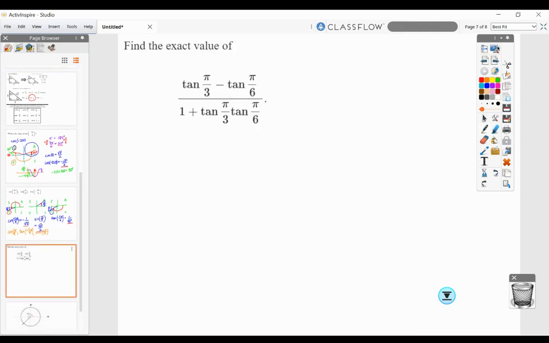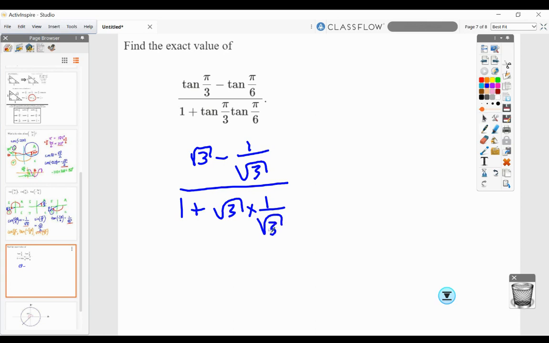So tan pi over 3 is root 3 minus 1 over root 3, over 1 plus root 3 times 1 over root 3.